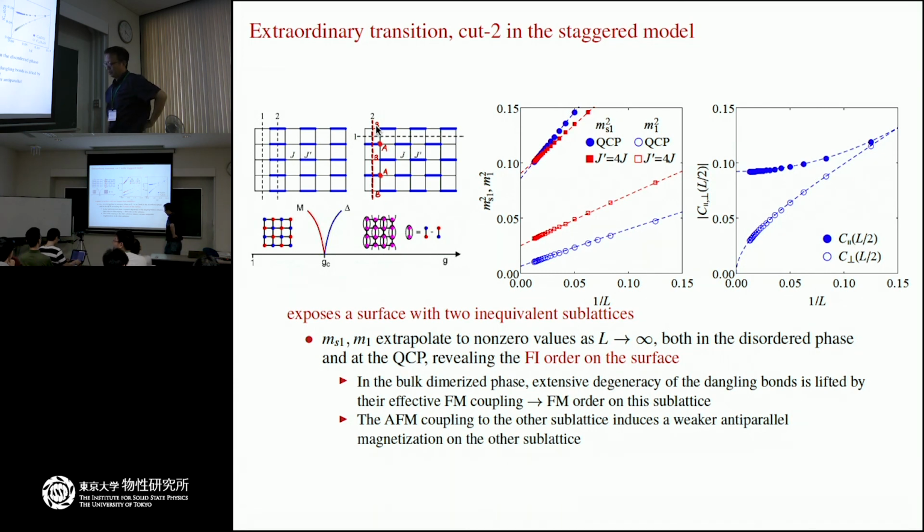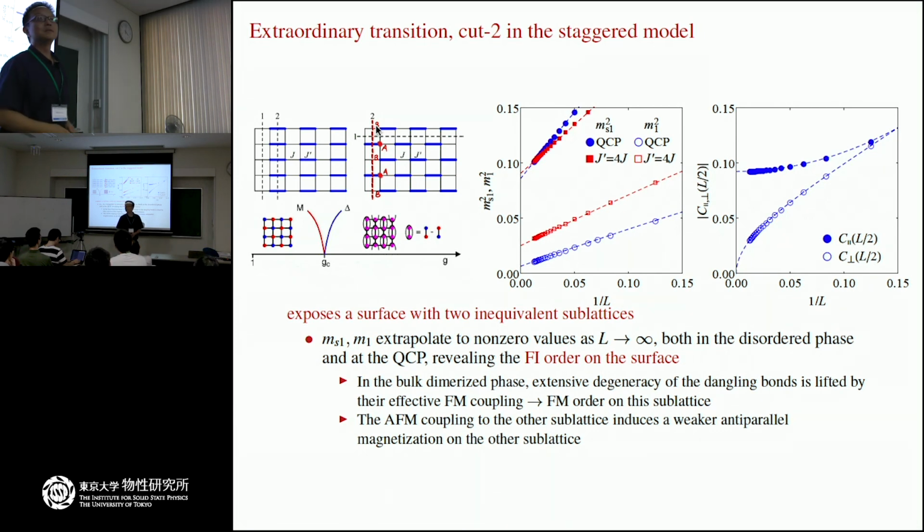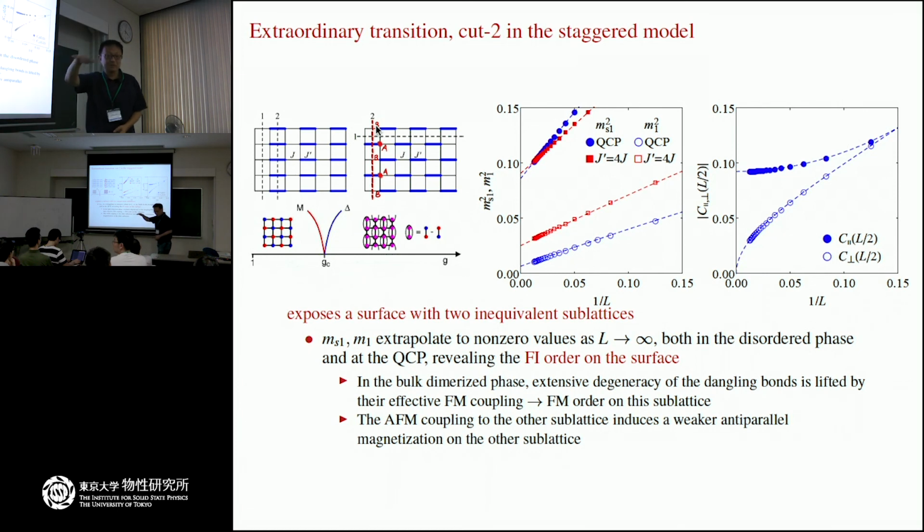Yeah, but if you want to change the state, you have to change the coupling, right? Along this surface. Yeah, if you change the coupling in this surface, you may have some classical behavior, similarity.